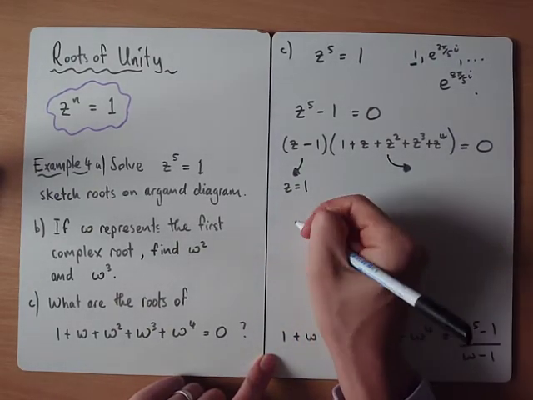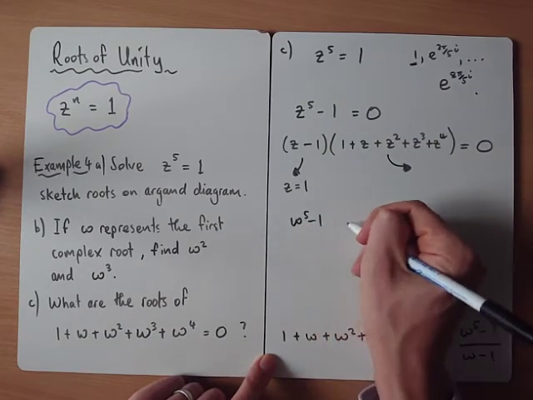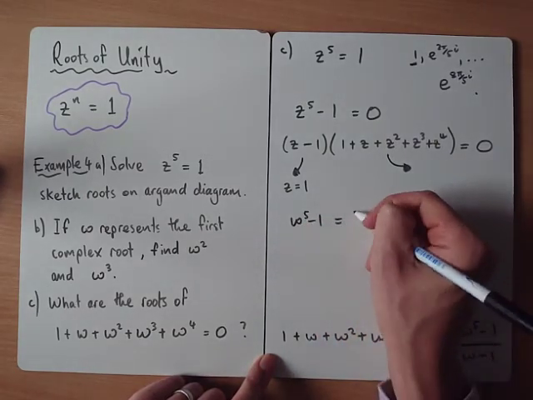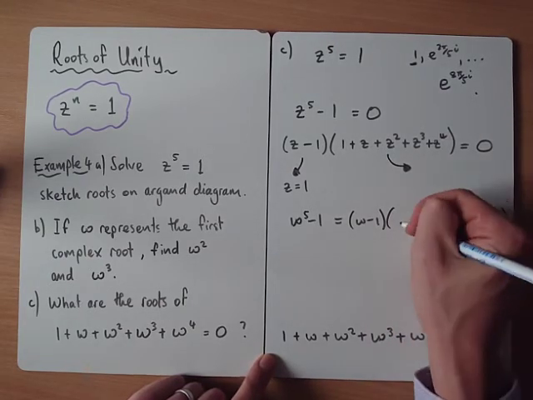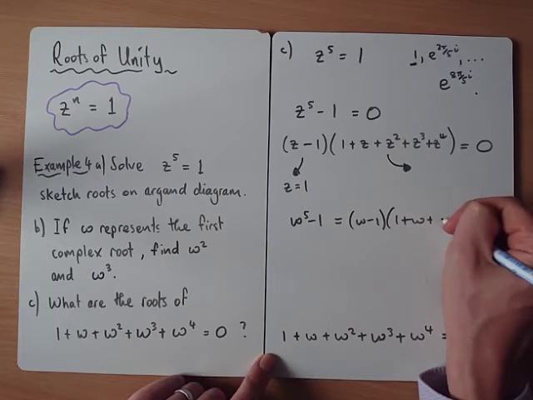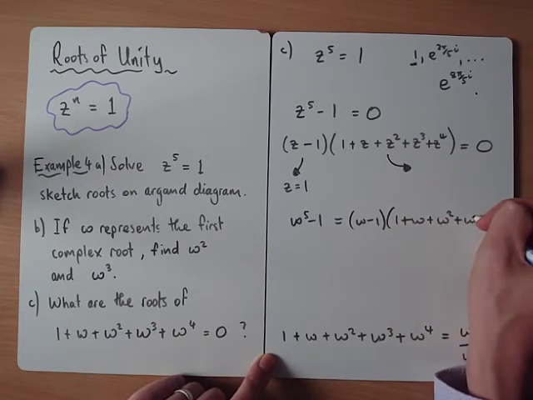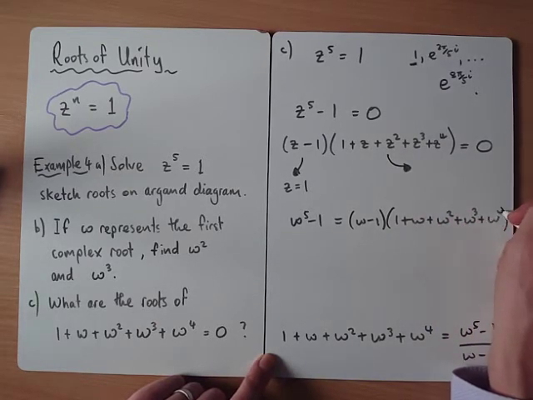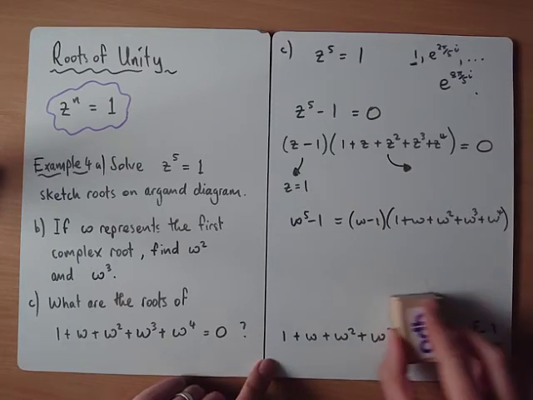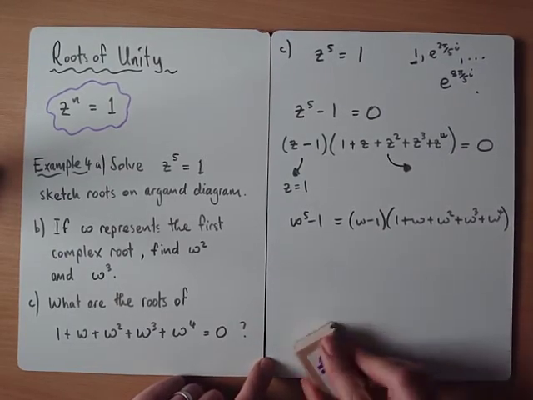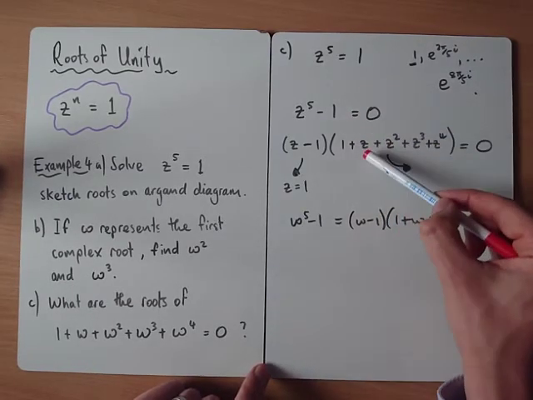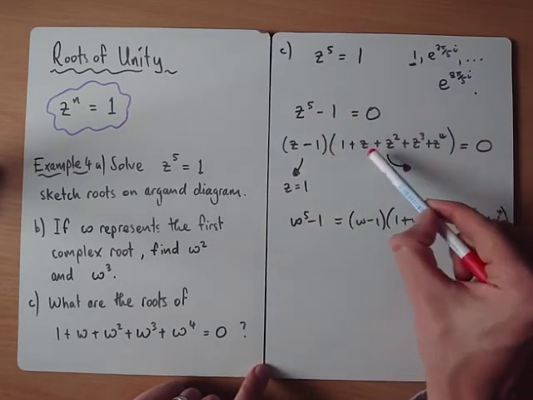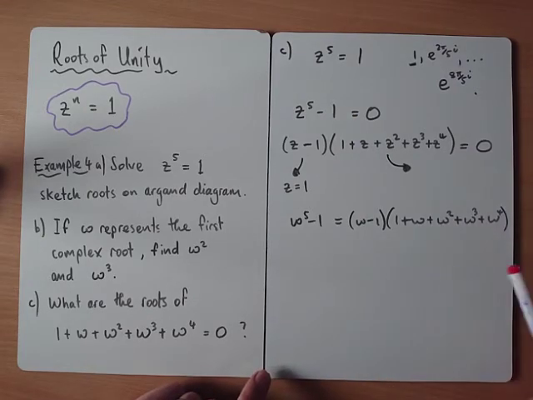We know that omega to the 5 minus 1 is the same as omega minus 1 multiplied by this, 1 plus omega plus omega squared plus omega cubed plus omega to the 4. If it asks you about this in the exam, it may ask you to justify the link between this expression and this factorised form. And I would probably do it as a geometric sequence.